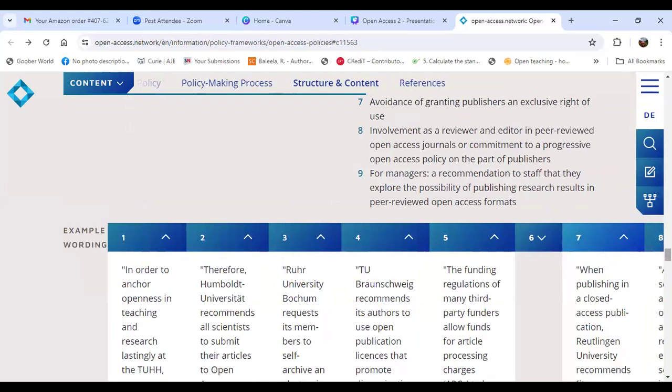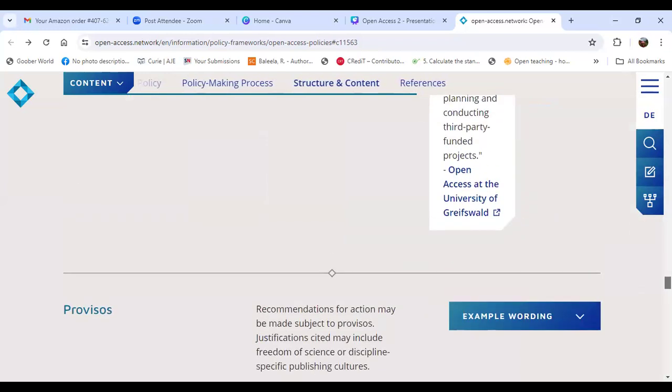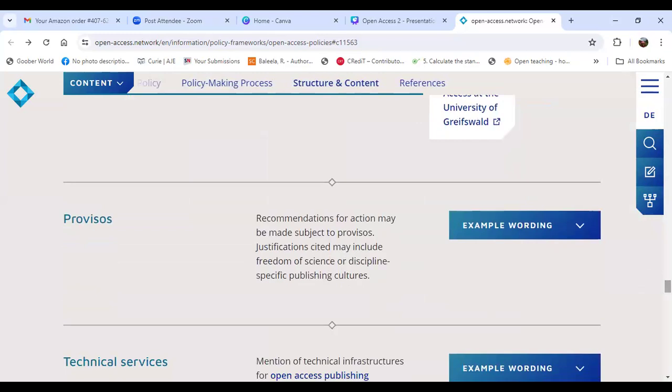Okay, so the proviso: recommendations for action may be subject to a proviso, and this justification may include freedom of science or discipline-specific publishing cultures.